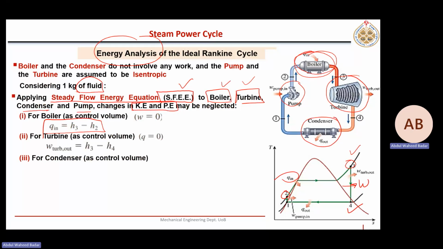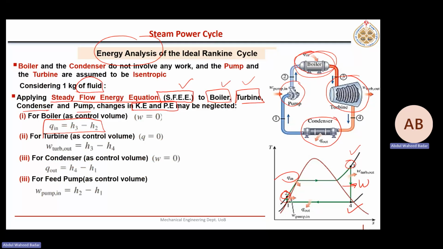For the condenser, H4 minus H1. Okay, no work done during this process. This is the pump, which we also call the feed pump, which is feeding the water to the boiler. Here it is again H2 minus H1. And you already know how to find all those enthalpies.